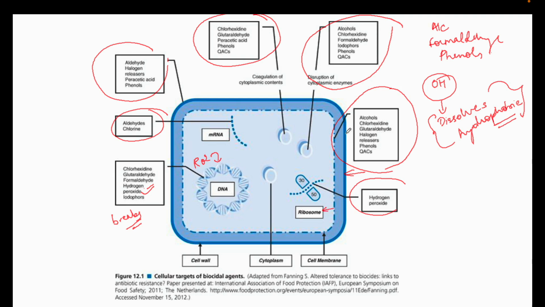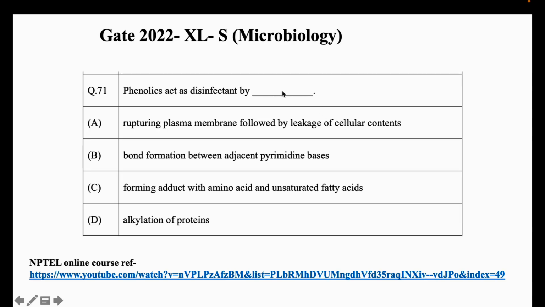So when we speak of phenols, the main target is the plasma membrane, because plasma membranes are hydrophobic in nature, made up of fatty acids. Thus phenolics act as a disinfectant by rupturing the plasma membrane, and after the leakage of the cellular content, they can further target enzymes and other hydrophobic molecules in the cytoplasm.